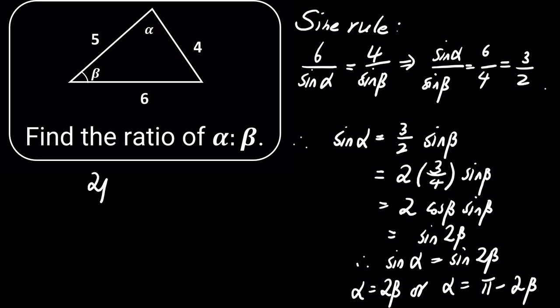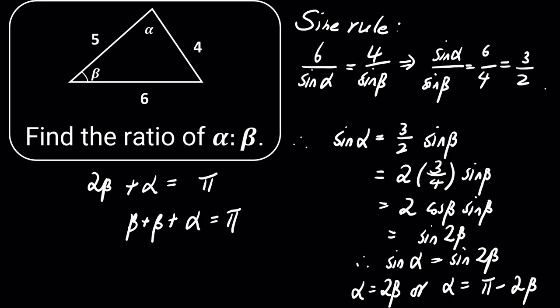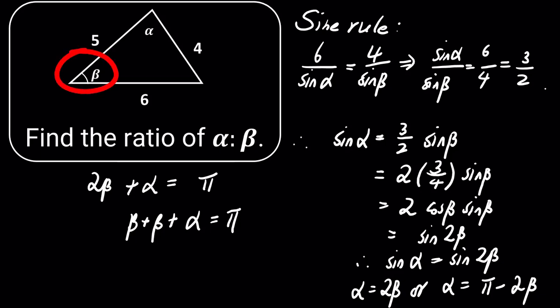This means that 2 beta plus alpha equals pi. But 2 beta is beta plus beta, and beta is the smallest angle here. Let's say this is gamma. Beta plus gamma plus alpha equals 180 degrees, which is pi radians.